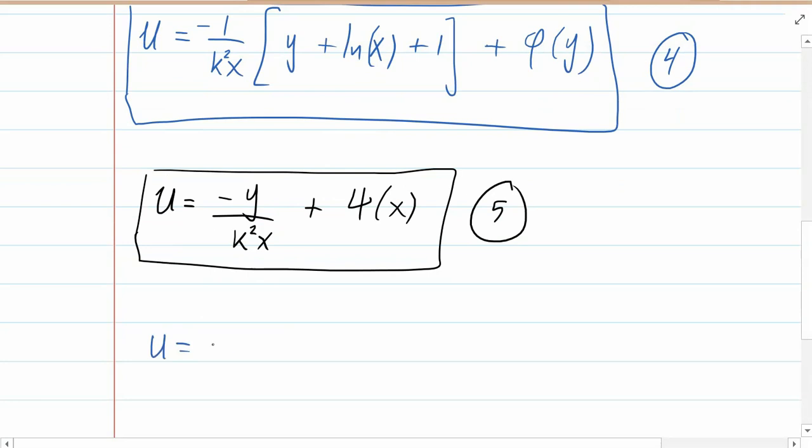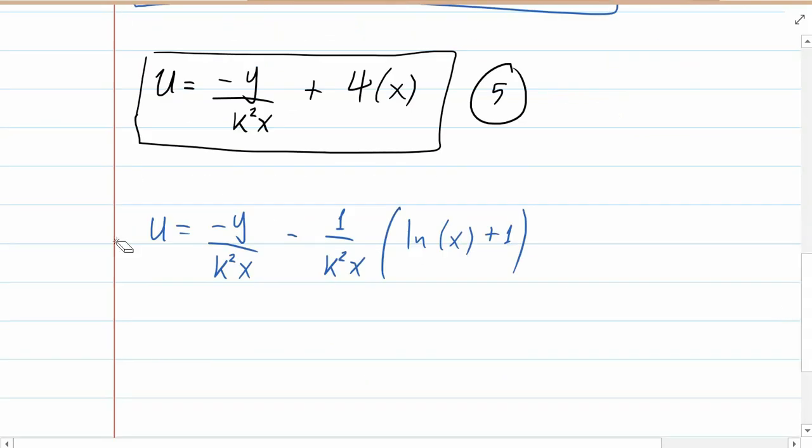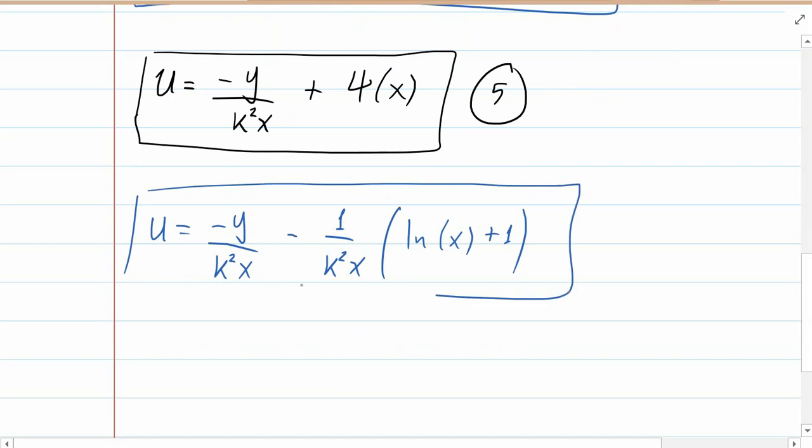So I write that because it's the common term. According to equation 5, I can only add a function of x. And luckily for us, 1 over k squared x times natural log of x plus 1 is a function of x. And I don't have any other function of y to add in this case, so this is the complete equation.